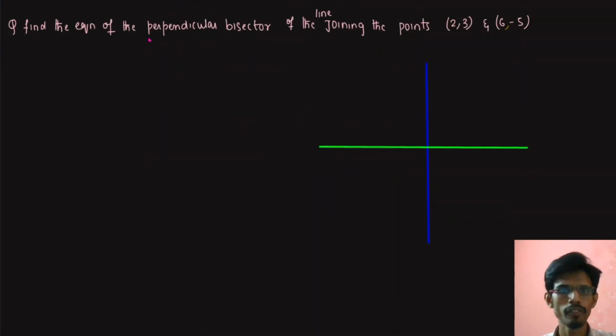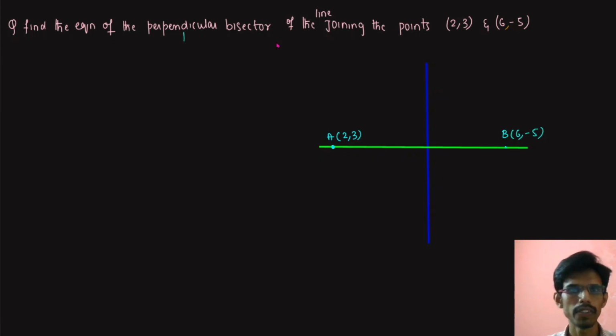Find the equation of the line that is the perpendicular bisector of the line joining the points (2, 3) and (6, -5). Now let us take the given point A as (2, 3) and point B as (6, -5). Here it is said that this line is perpendicular, so these two lines are perpendicular.